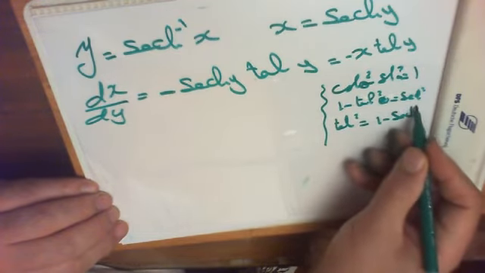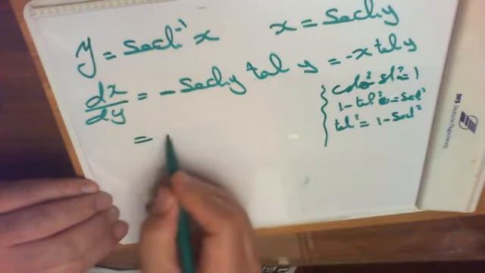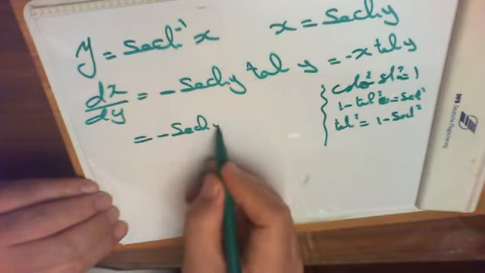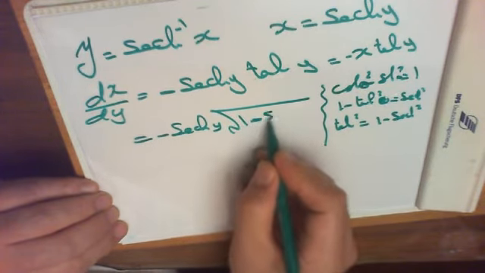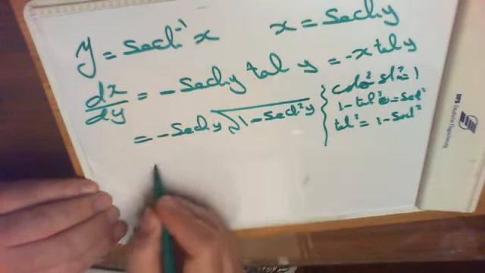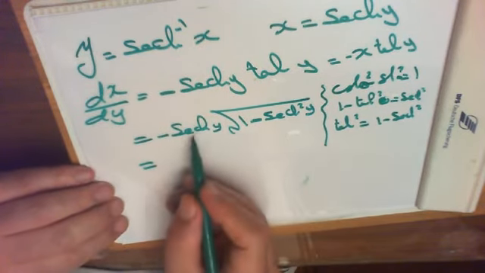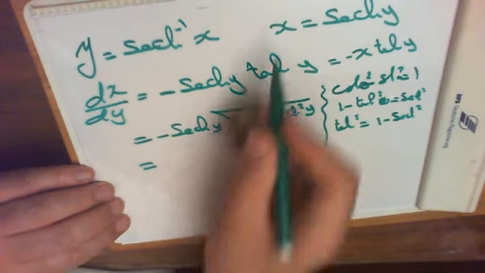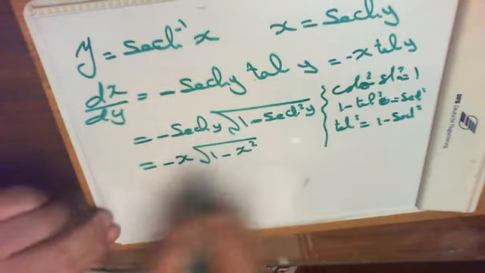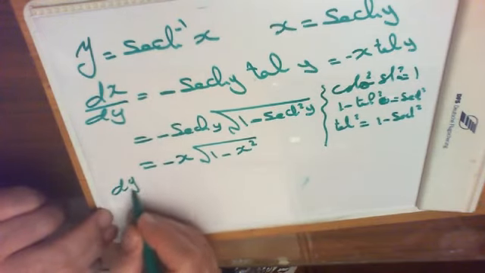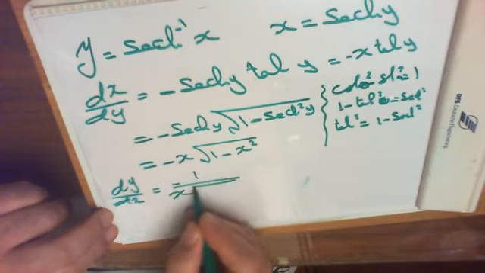So tanh squared equals 1 minus sech squared, so I can replace tanh by the square root. This is minus sech y times the square root of 1 minus sech squared y. But sech y is x, so it is minus x times the square root of 1 minus x squared. This is dx by dy, but we need dy by dx. dy by dx equals minus 1 over x square root 1 minus x squared.